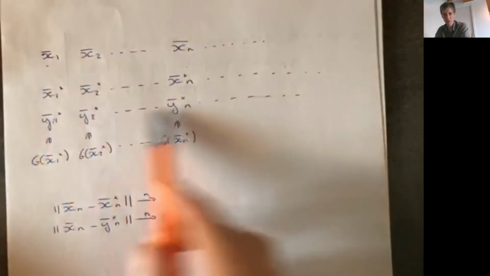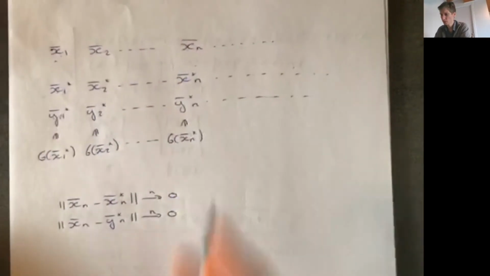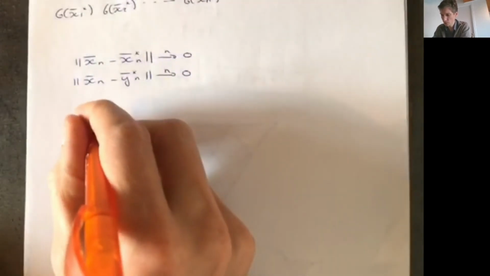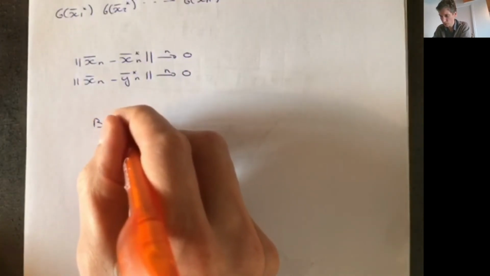Good. Now these are just sequences in S. There's nothing to say that it will converge to anything. However, we can use the same trick as we have done over and over again, namely we use the Bolzano-Weierstrass theorem.